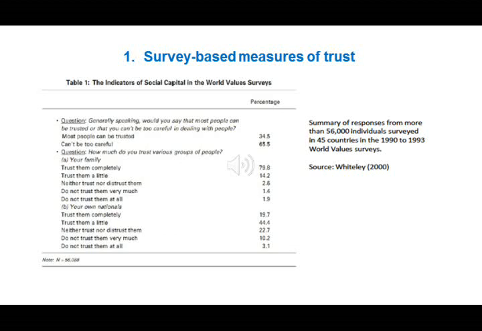And as you can see, this table is a summary of responses from more than 56,000 individuals surveyed in 45 countries, from 1990 to 1993. So across this wave of the World Values Survey, as you can see, 65% of the people surveyed in this wave showed low levels of trust. And 34% said that most people can be trusted, which is very dangerous.